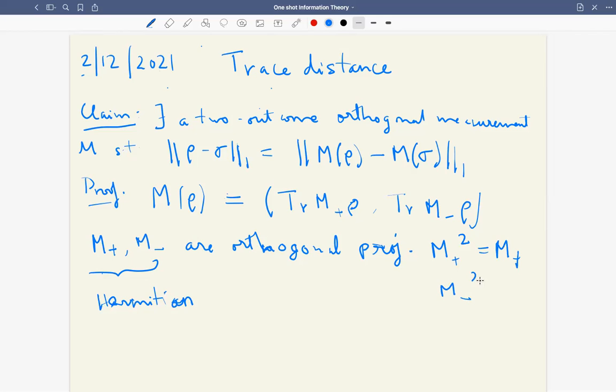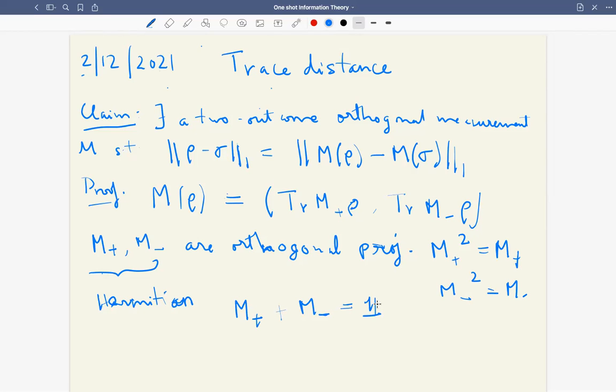M minus squared is M minus, and it's a measurement. So this condition we know, the traditional definition, so this is the identity operator.